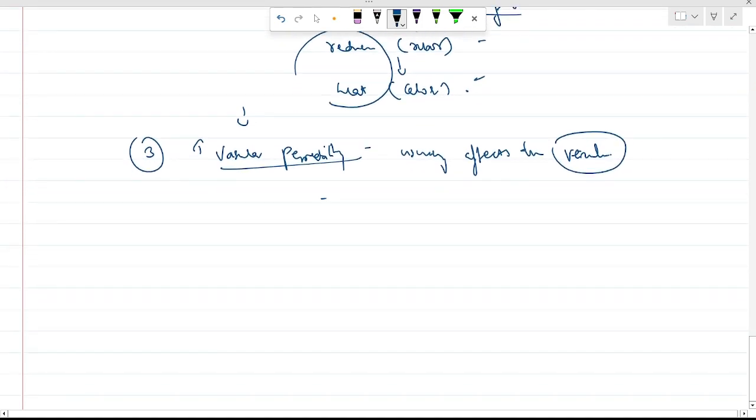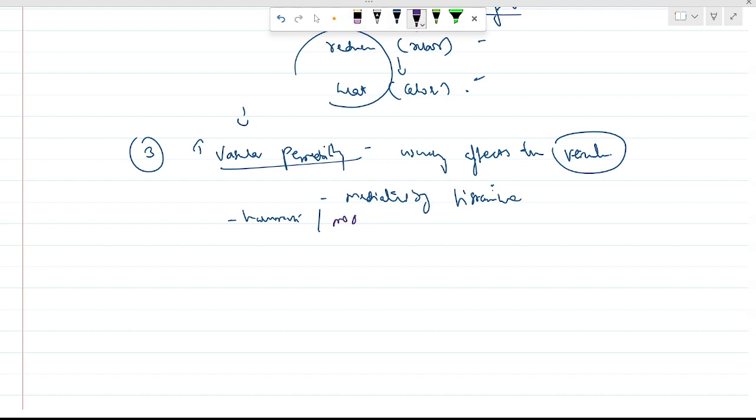Next, it is also mediated by histamine. This is the hallmark or most important step of acute inflammation.